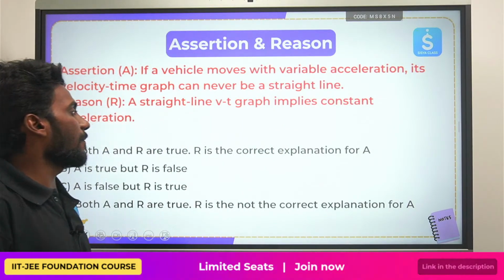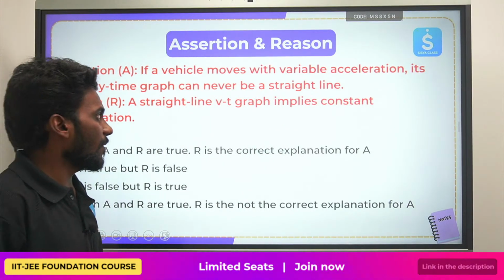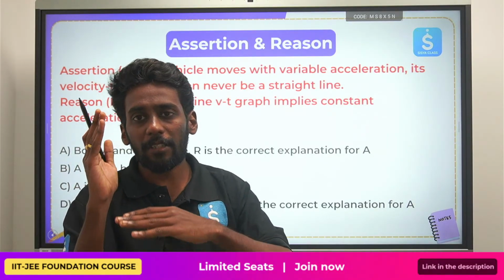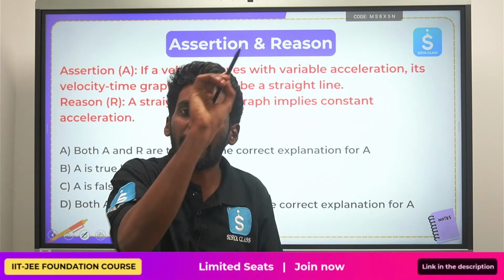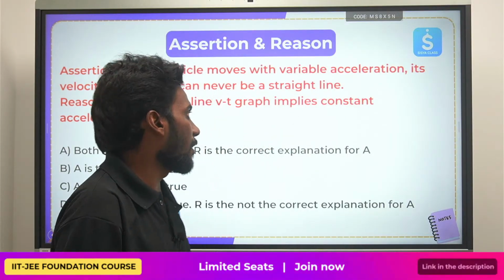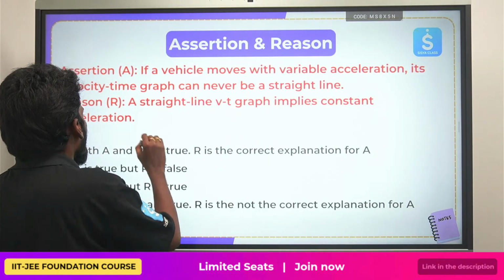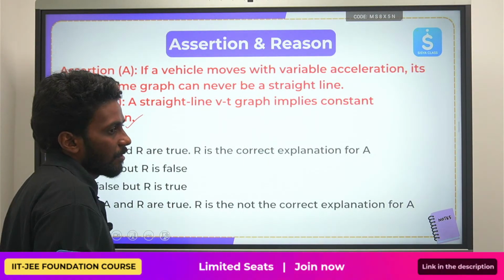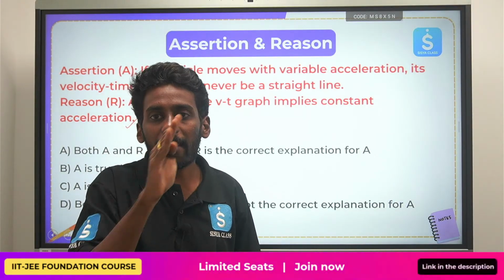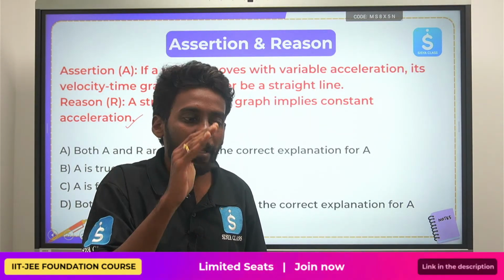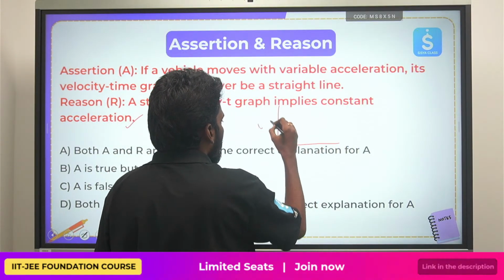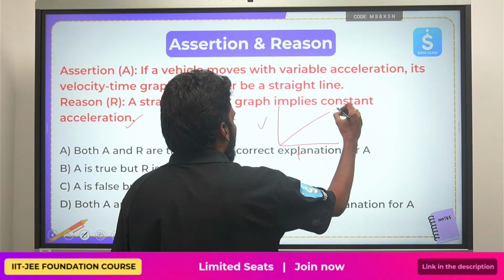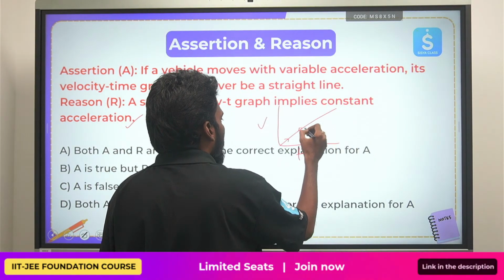Now a straight line velocity time graph, so if you are plotting a velocity time graph and you are getting a straight, diagonal line, it implies constant acceleration. The velocity is gradually increasing, right? If you are drawing a graph here, velocity time, and if you are getting a straight line, it means the velocity is gradually increasing.